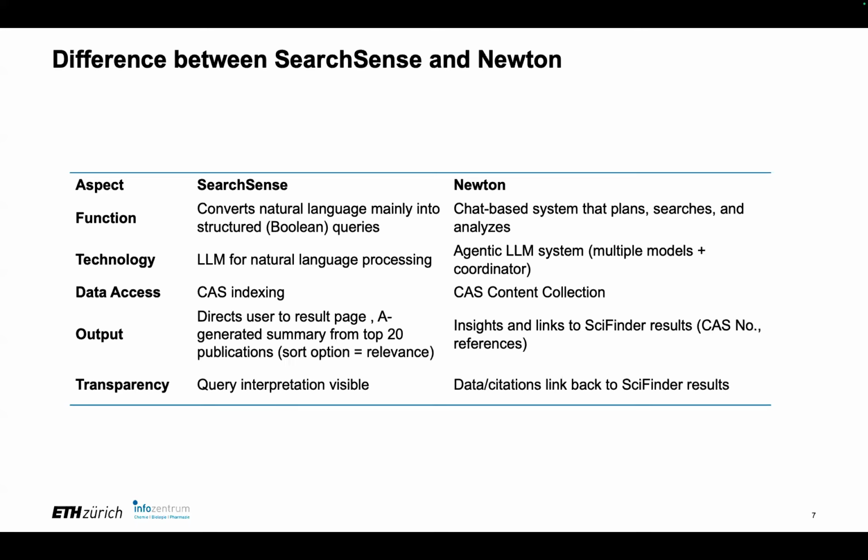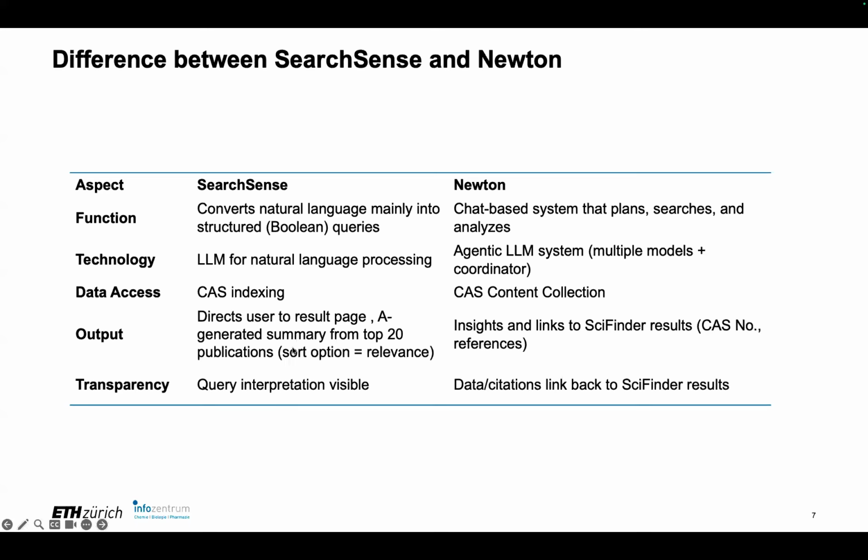So Search Sense uses an LLM to understand the query, and Newton has multiple models and a coordinator, which then searches within the database. But the biggest difference is the data access. Search Sense uses only the index of CAS, whereas Newton uses the whole collection. So it has access also to non-indexed material.